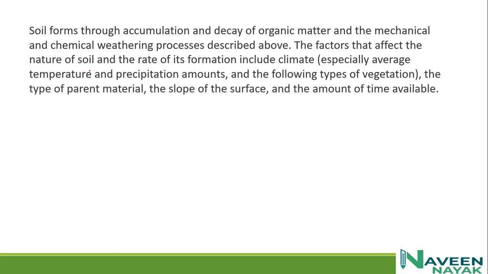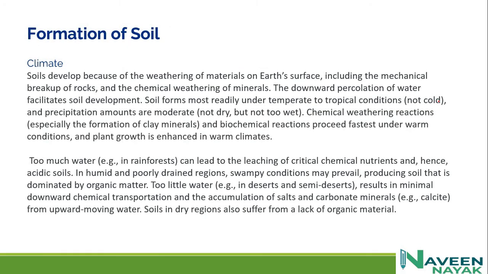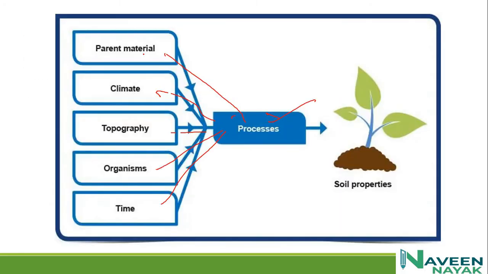The factors that affect the nature of soil and the rate of its formation include climate, temperature, and precipitation, the type of vegetation, the type of parent material, the slope of the surface, and the amount of time available. Parent rock, weathering, topography, organisms, and time all lead to suitable conditions for formation of soil.